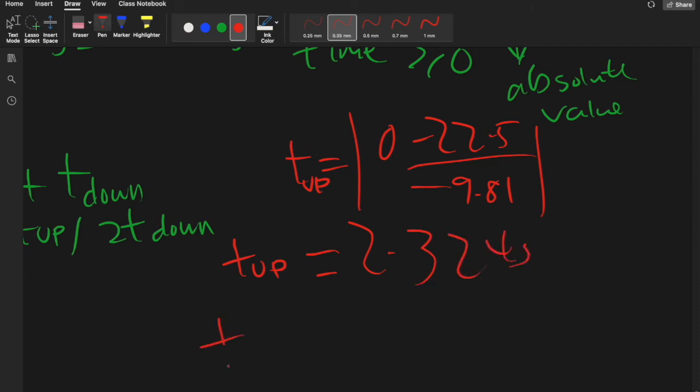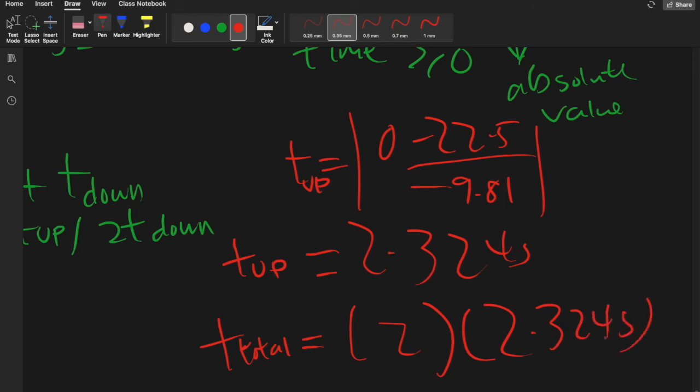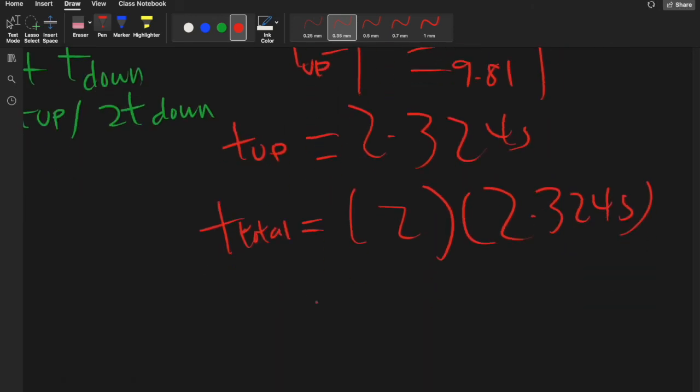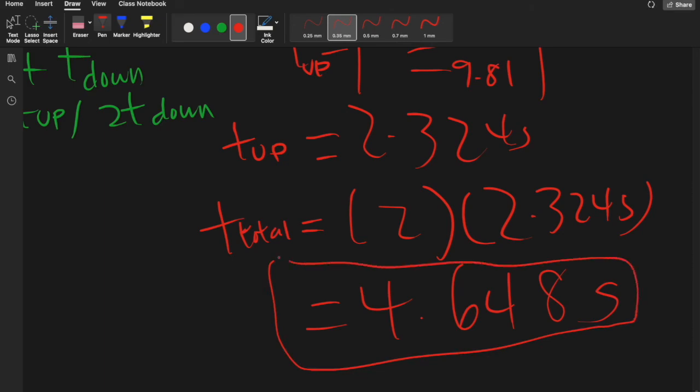So the t total will be equal to 2 times that, which is equal to 4.648 seconds. This will be your answer.